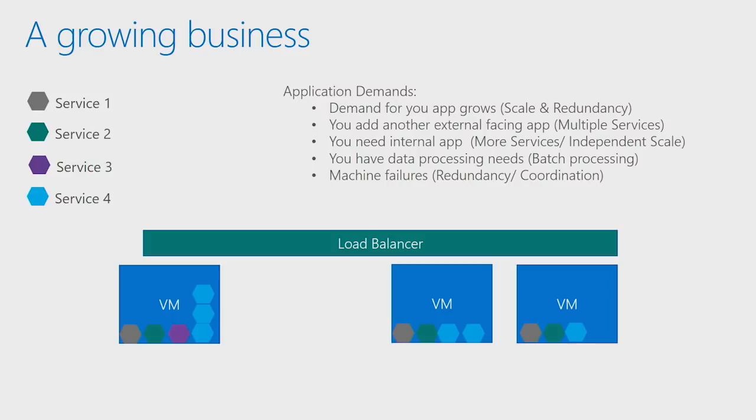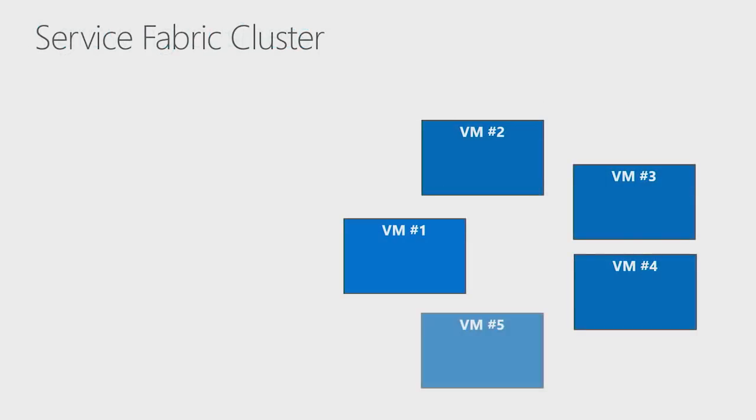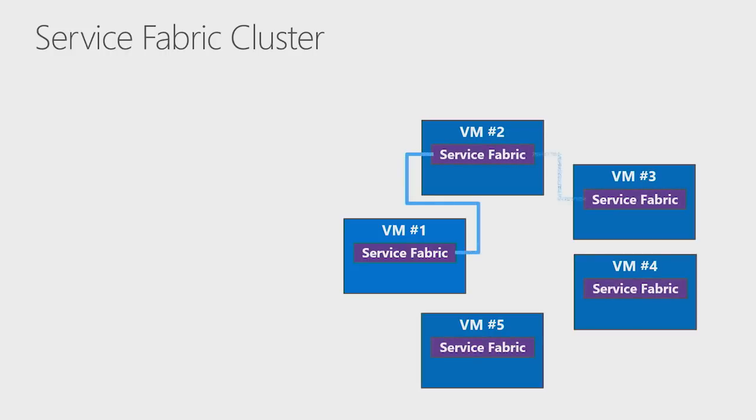In the Service Fabric world, we take our VMs, we install Service Fabric on each one of those, and then Service Fabric is able to communicate amongst the different machines in our cluster and know all the different parameters, the CPU and memory and what is available on those machines.